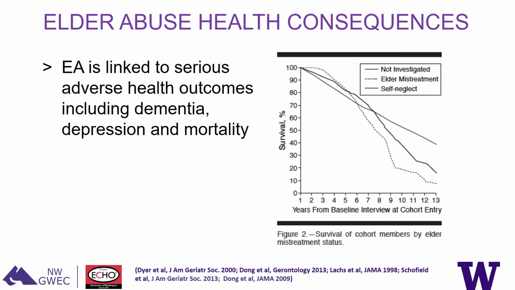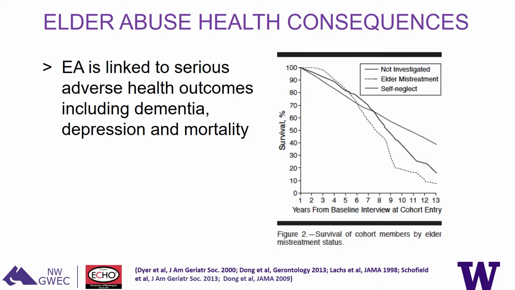While it is prevalent and also undetected, this is actually a really large problem regarding health consequences. It's linked to a whole series of adverse health outcomes, including dementia, depression, and mortality.